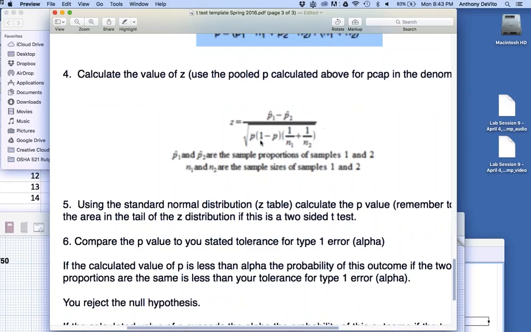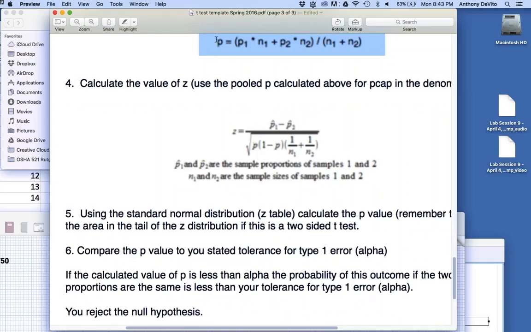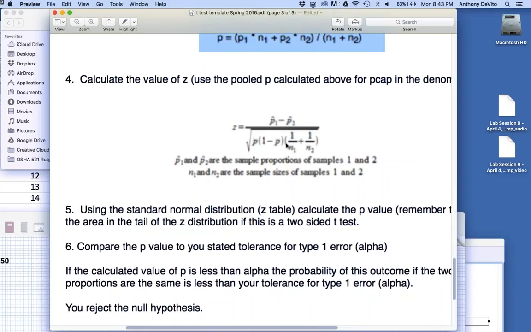The square root of not P1 or P2, but the pooled proportion, 0.175 times 0.825, times 1 over 100 plus 1 over 100, which is 2 over 100, 1 over 50. Find the square root of the whole thing, and divide that into the difference between the two proportions.